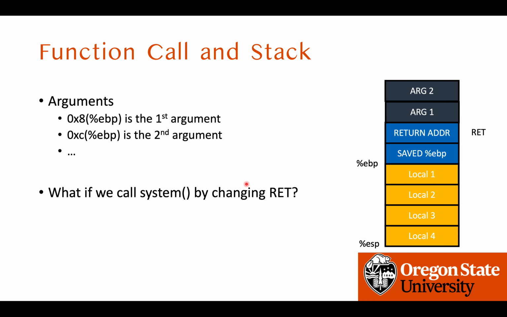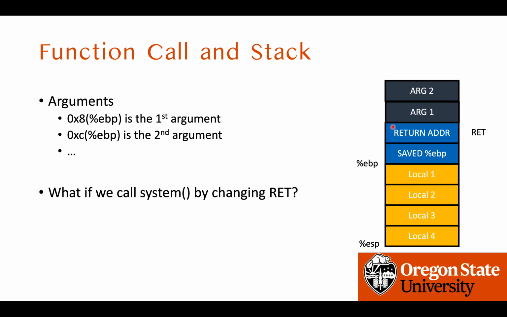To do that, you need to understand how a function call works with the program stack. I'm sure that you are familiar with this kind of diagram. We will be focusing not on the local variables this time, but on the arguments. So this is what a regular function looks like. From ESP to EBP, we can store local variables. EBP plus 0 stores the saved EBP, and EBP plus 4 stores the return address.